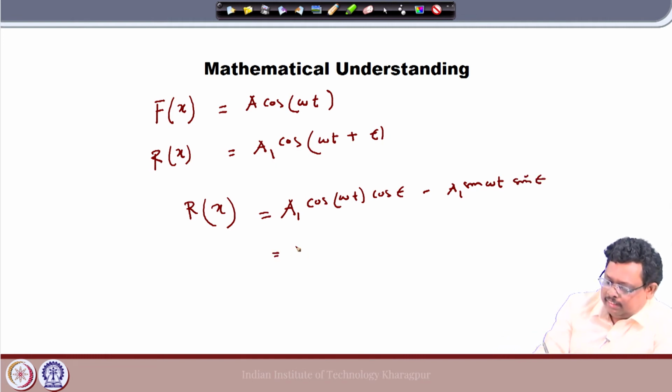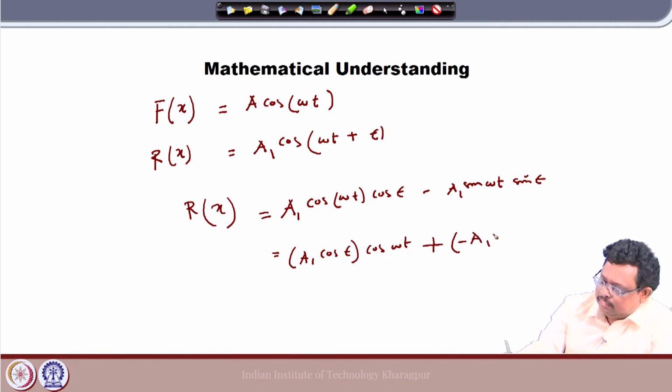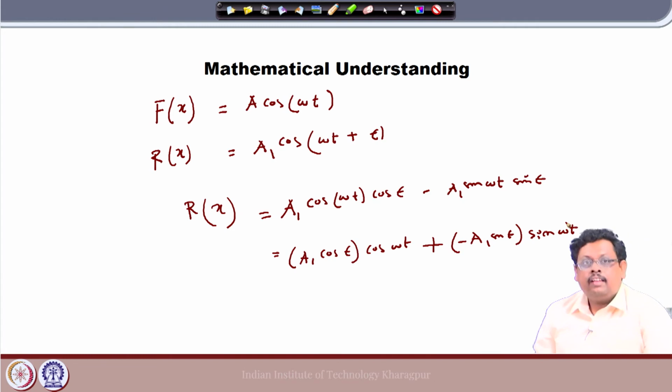So, it is a 1 cos epsilon into cos omega t, minus a 1 sin epsilon into sin omega t.